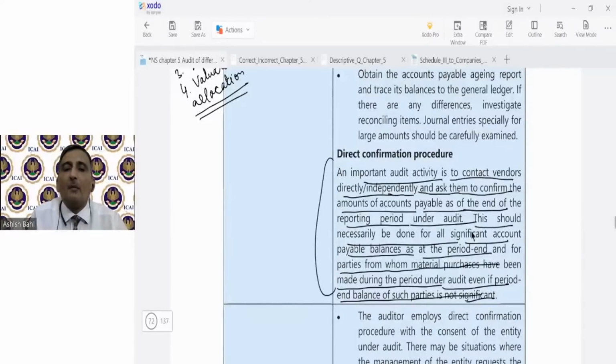So same requirement as in case of trade receivables.